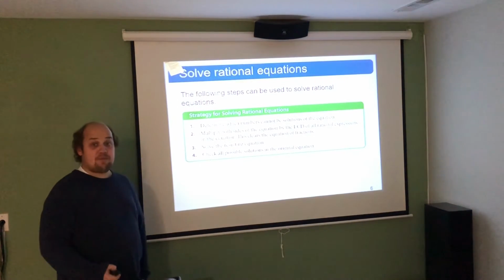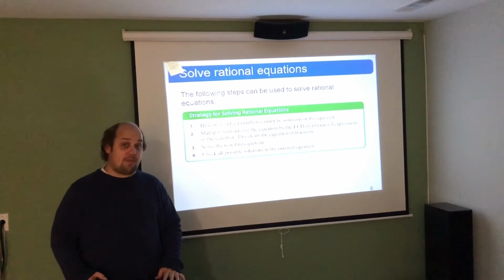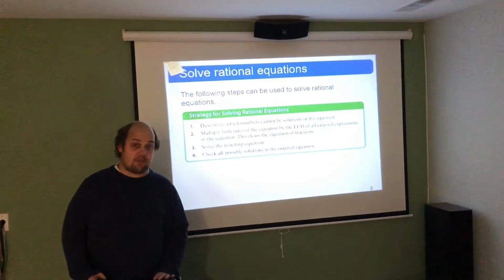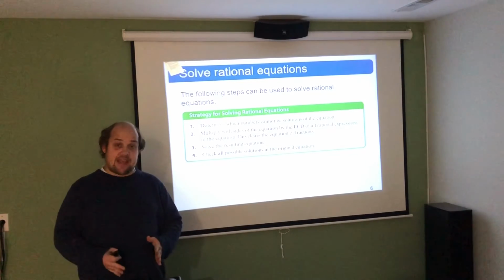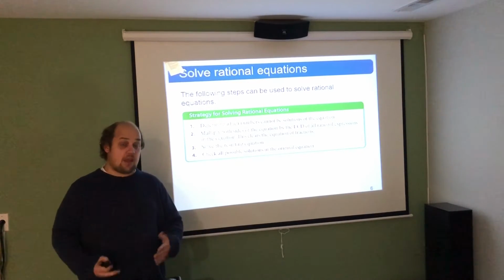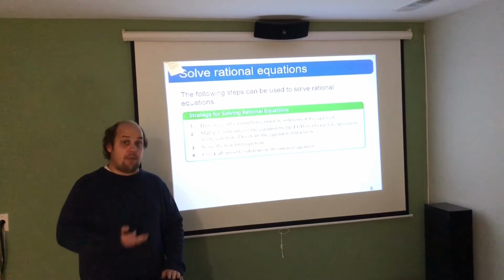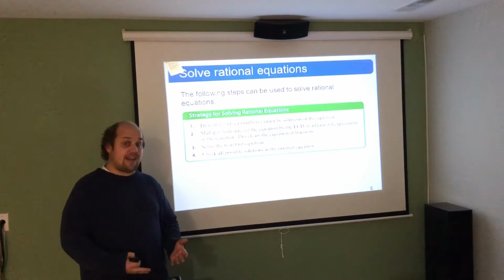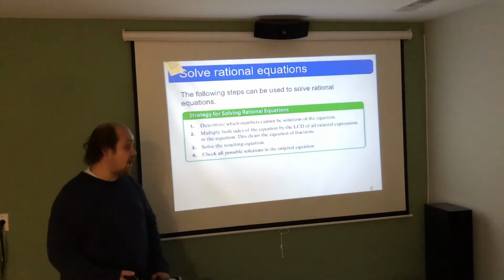That's the key step. Once we find the least common denominator, if we multiply everything in the problem by it, we no longer are going to have fractions in the problem. Unlike before, when we were adding or subtracting and kept things over the same common denominator, here when we're solving rational equations, we multiply all the terms by that common denominator, turning a problem with multiple fractions into one with no fractions that we can solve.